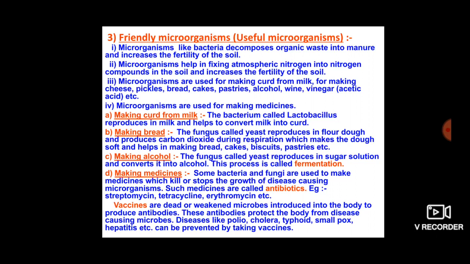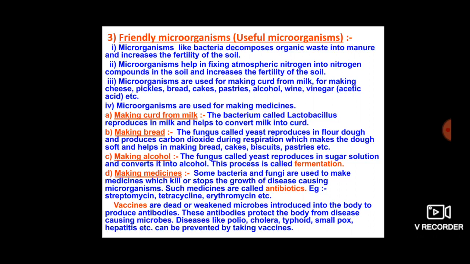Such medicines are called antibiotics. So only some of the bacteria or fungi are used to make these medicines, which are used to kill or avoid the spreading of disease. Such medicines we call antibiotics.